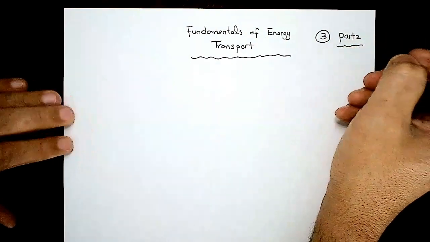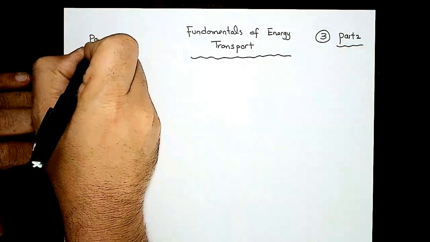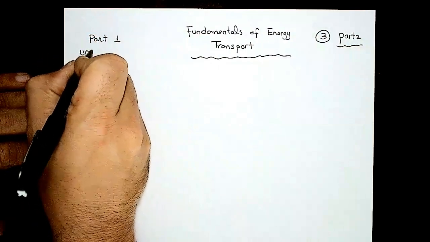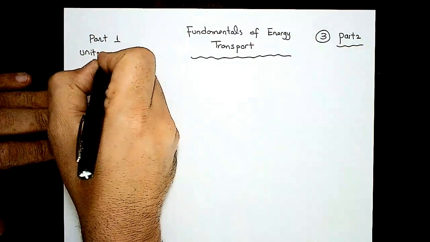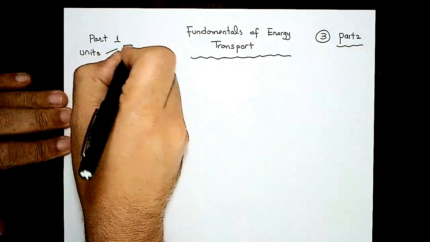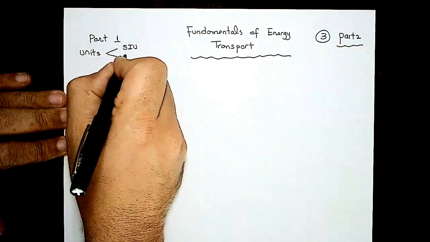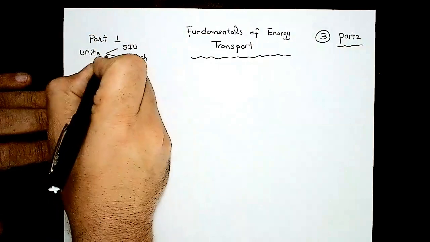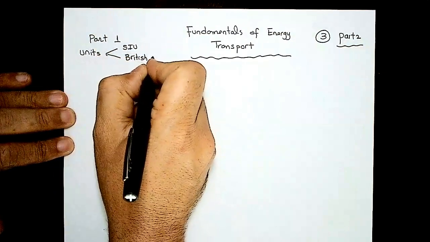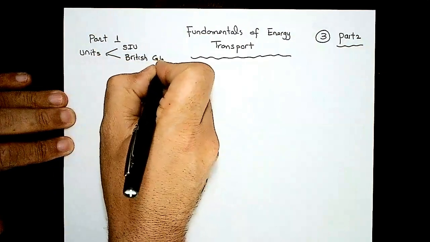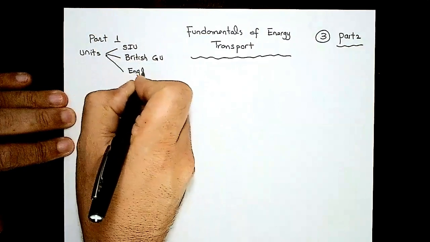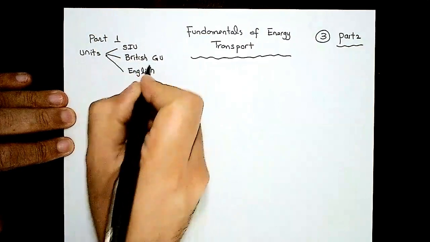Part 1, we did cover the units, and we did learn that we have the SI unit system, the British system, and the British Gravitational Unit, BGU, and the English system, and we explained the difference between each of these systems.